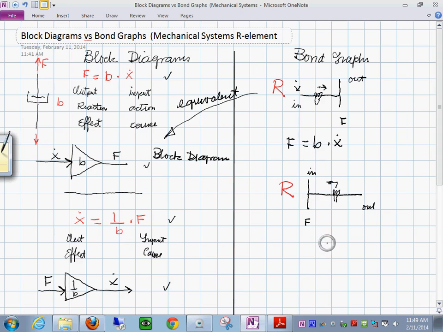So in here the equation is going to be that x dot is equal to 1 over B times F. So this equation corresponds to this bond graph model, this equation to this, but also this corresponds to this block diagram. So this is what is equivalent. So that's the equivalency between block diagrams and bond graphs for the R element, in this case, a mechanical damper.